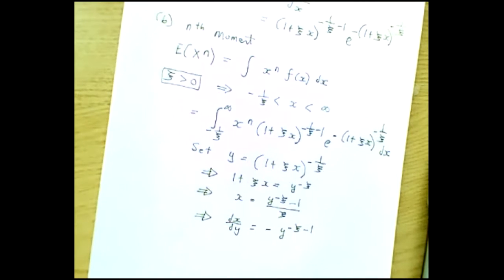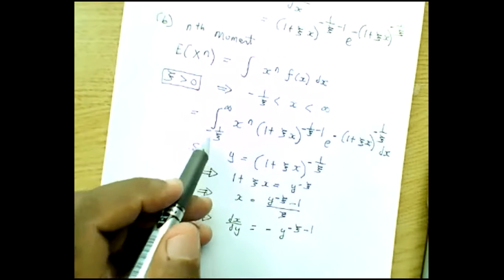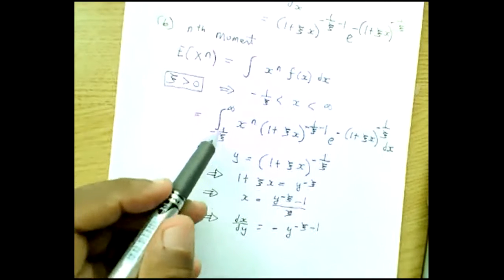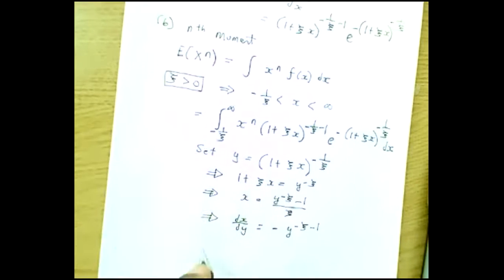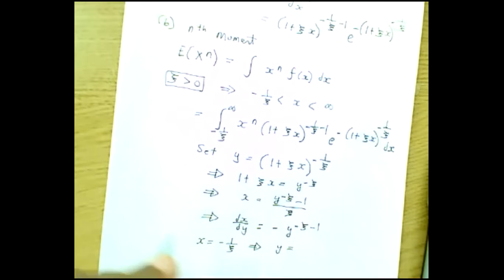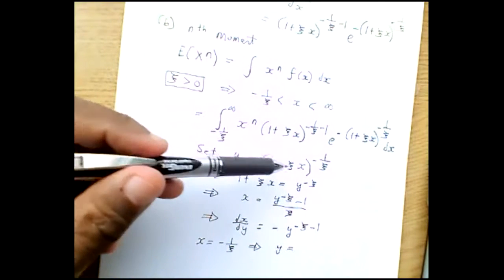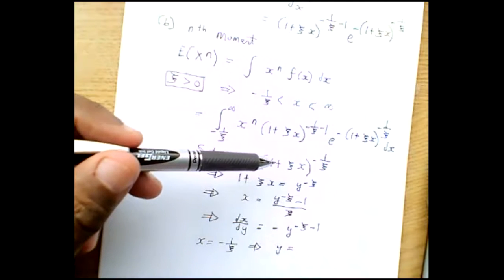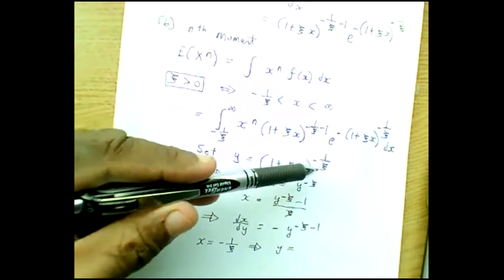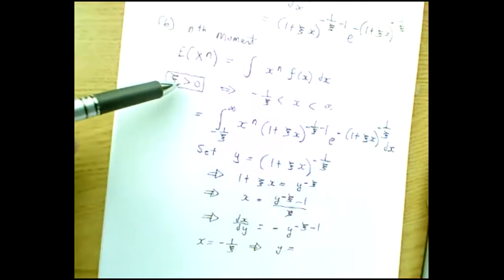All right. Furthermore, when x is equal to -1 over psi, y will be equal to, so if you put -1 over psi into this, you will get 0 to the negative power, because we are assuming that psi is positive, right?